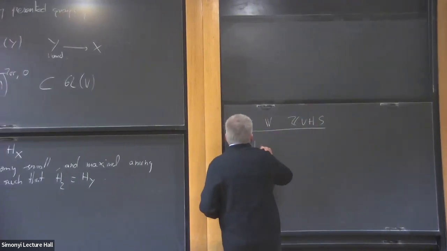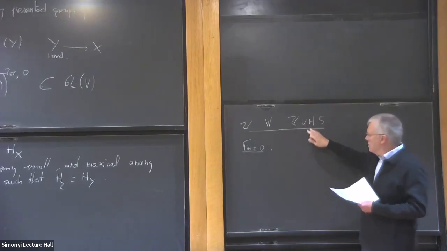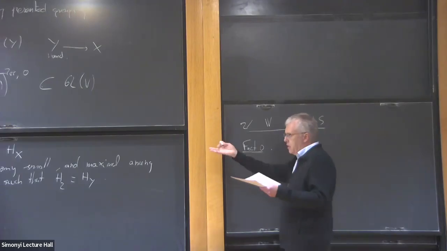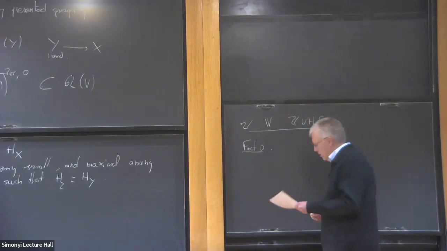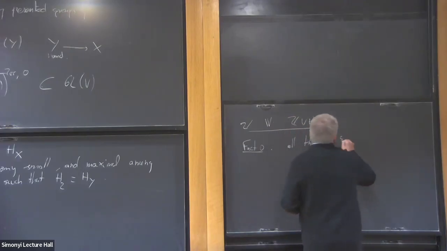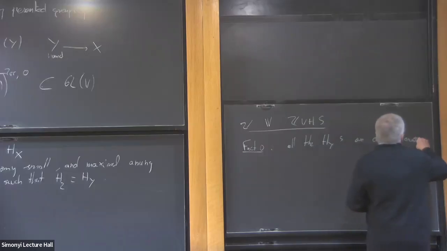So there is a fact zero that I should emphasize: because this complex local system underlies the VHS, all the groups that I'm considering are defined over Q. This is fact zero.